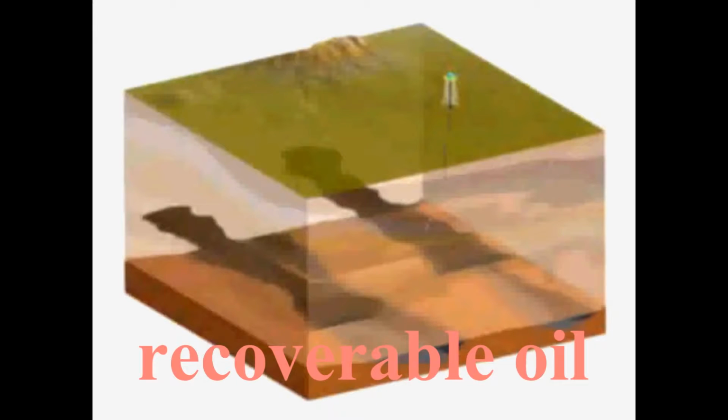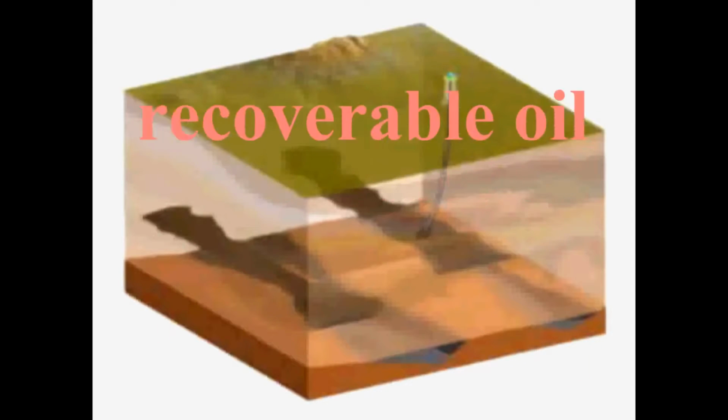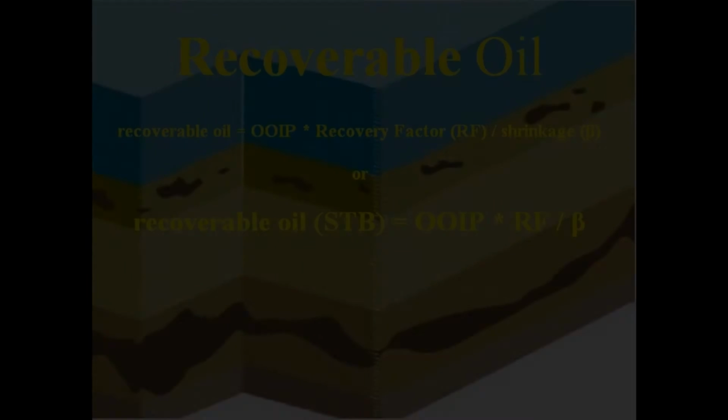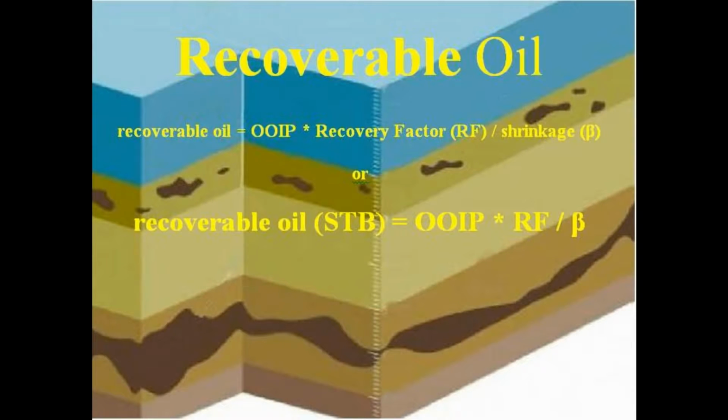Next, we need to calculate the amount of oil we can recover. To calculate that, we use this formula. Recoverable oil equals OOIP times the recovery factor, RF, divided by the shrinkage factor, beta, or recoverable oil in stock tank barrels equals OOIP times RF divided by beta.